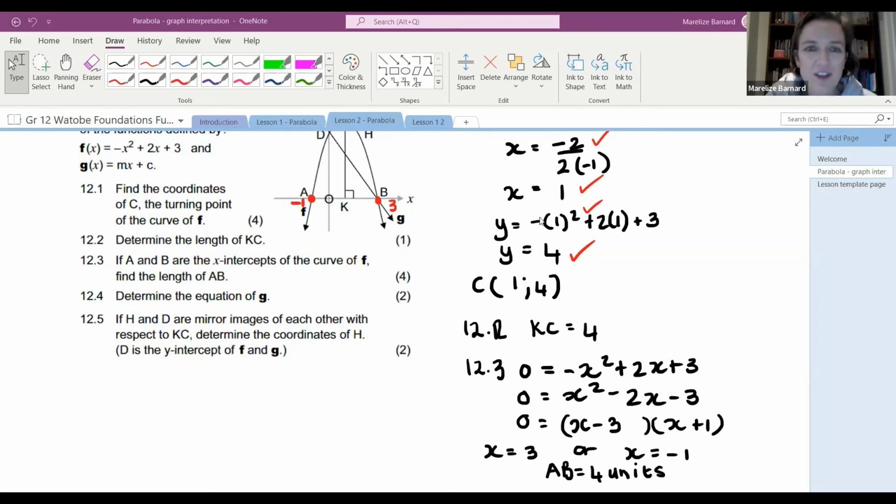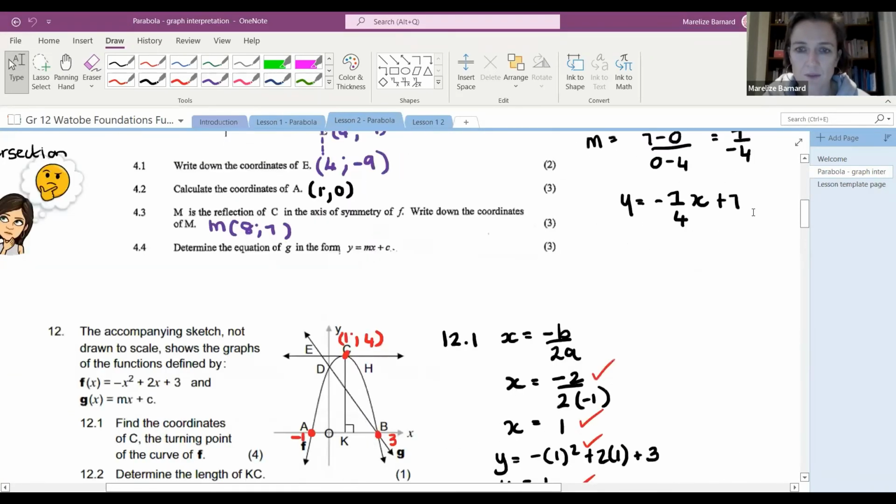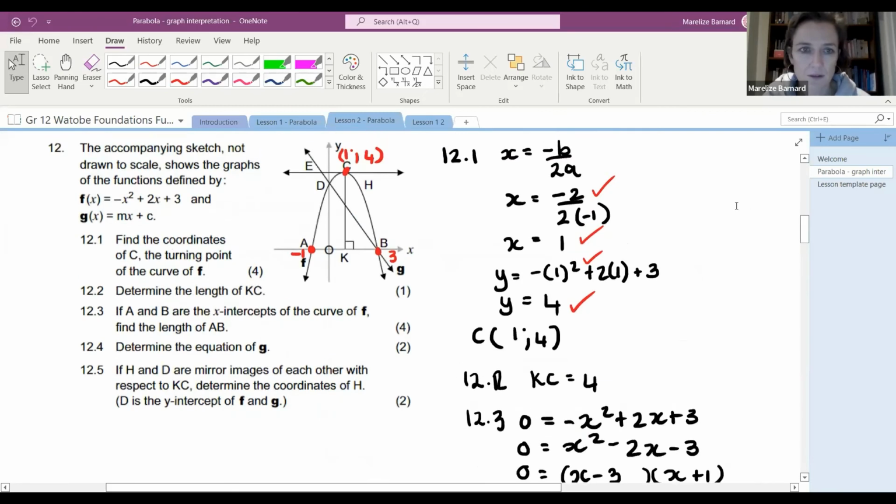Let's do the equation of the straight line again. For 12.4, I'm going to give everyone till about 17:43 for that straight line.